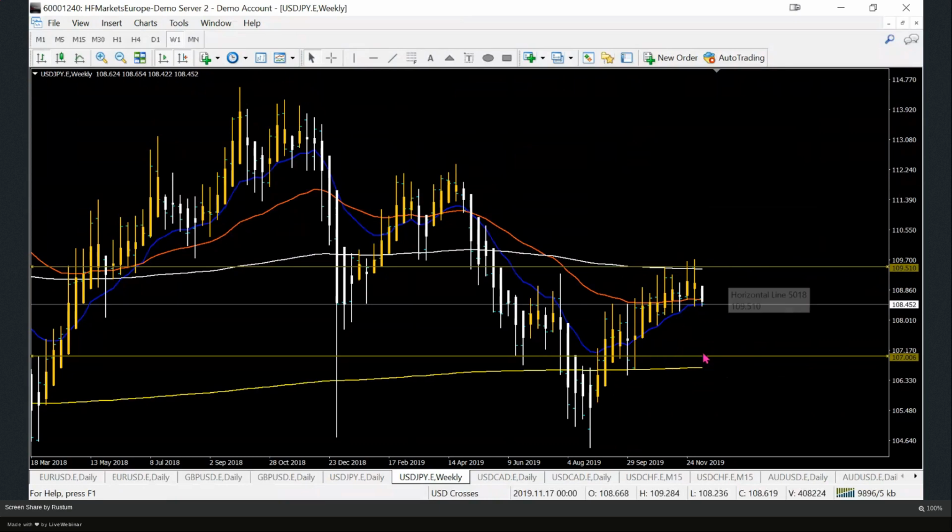And when you get to this level, you'd probably want to buy, depending if you have a bias on a particular pair or not. But if you're purely a technical trader, then once price comes down to a specific level here, you would look to buy. And if it gets up here, you would look to sell. Because that's what support and resistance is.